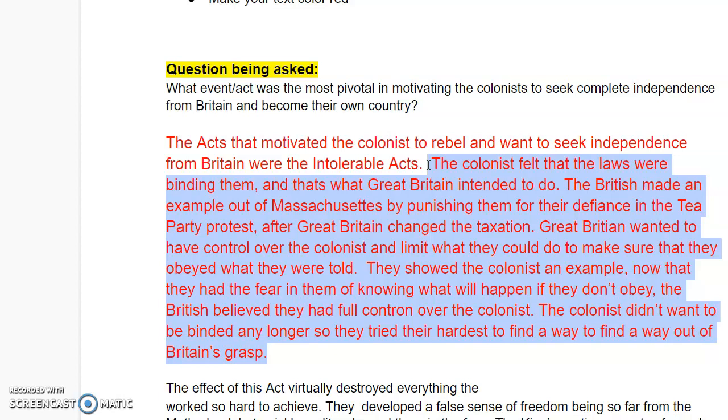They showed the colonists an example, now that they had the fear in them, knowing what will happen if they do not obey. The British believed they had full control over the colonists. The colonists did not want to be bound any longer, so they tried their hardest to find a way out of Britain's grasp. It's a beautiful paragraph, but it doesn't belong there.